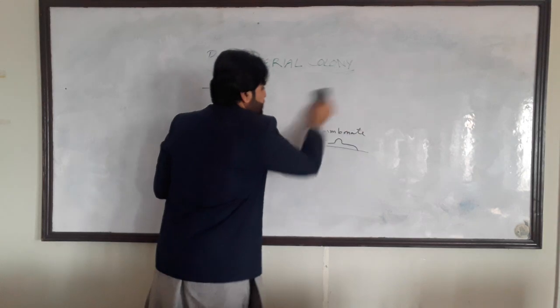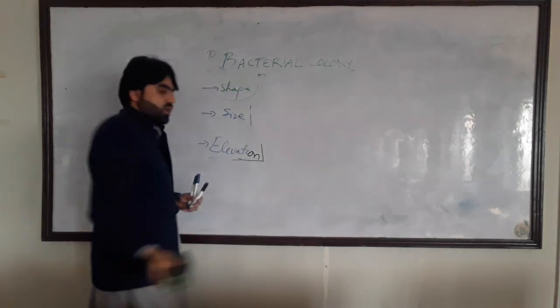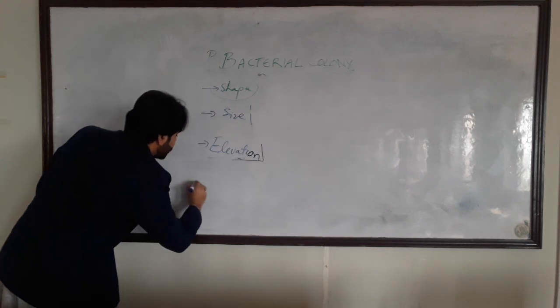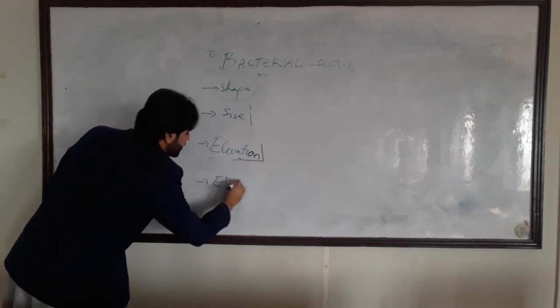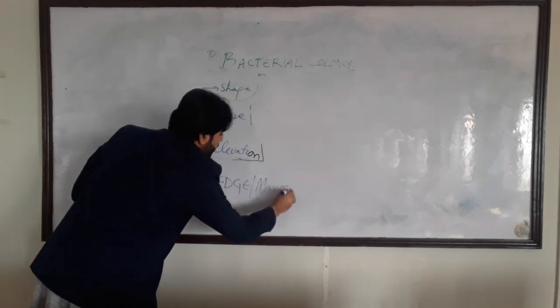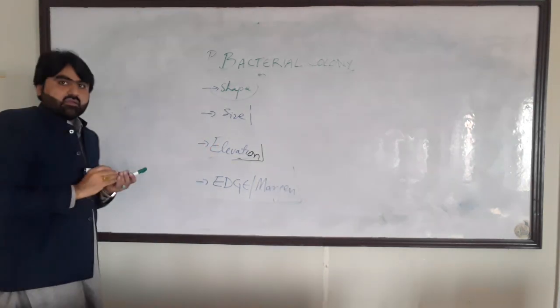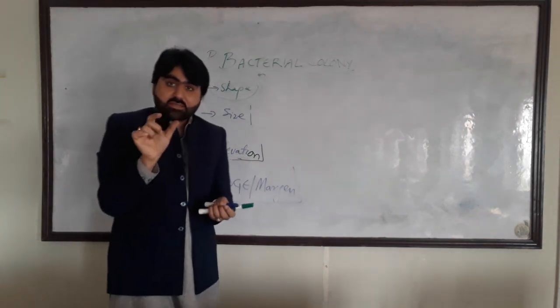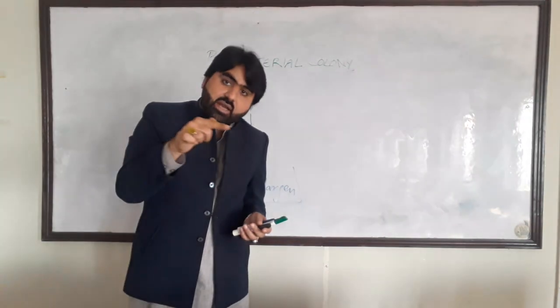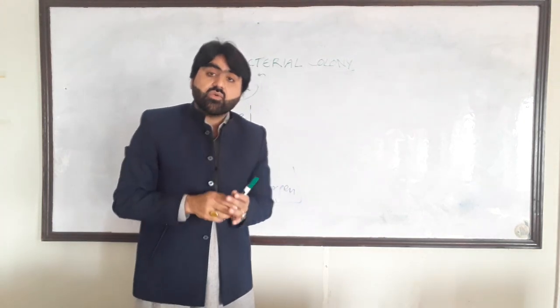After elevation, we look at the edge or margin of the colony. In this step, you will focus on the margin of the colony, what type of margin or edge the colony has.